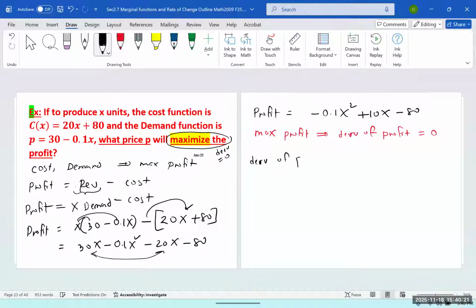So what's the derivative of profit? Negative 0.2X to the power 1, plus 10. We set it equal to 0 to maximize, and then solve for X.